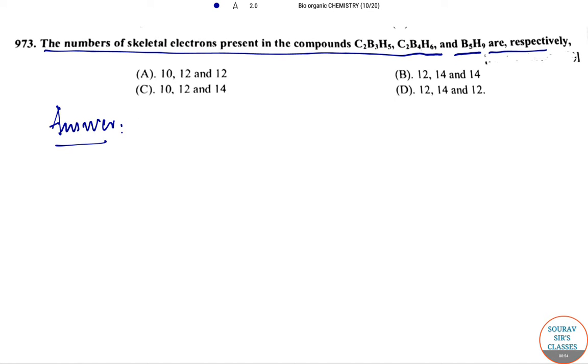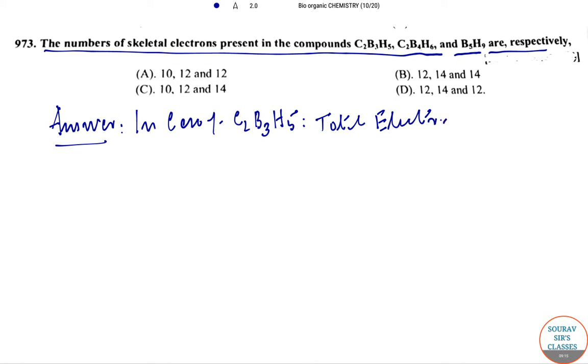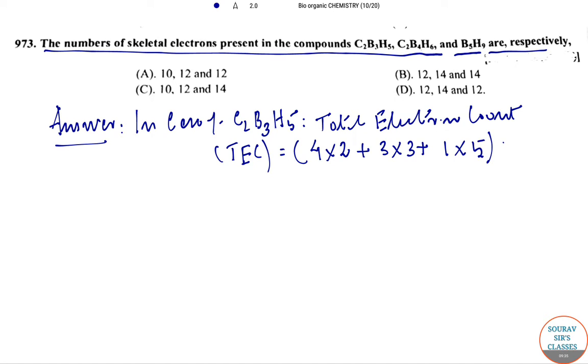In case of C2B3H5, total electron count, TEC, is equal to 4 into 2 plus 3 into 3 plus 1 into 5, and that is 22.